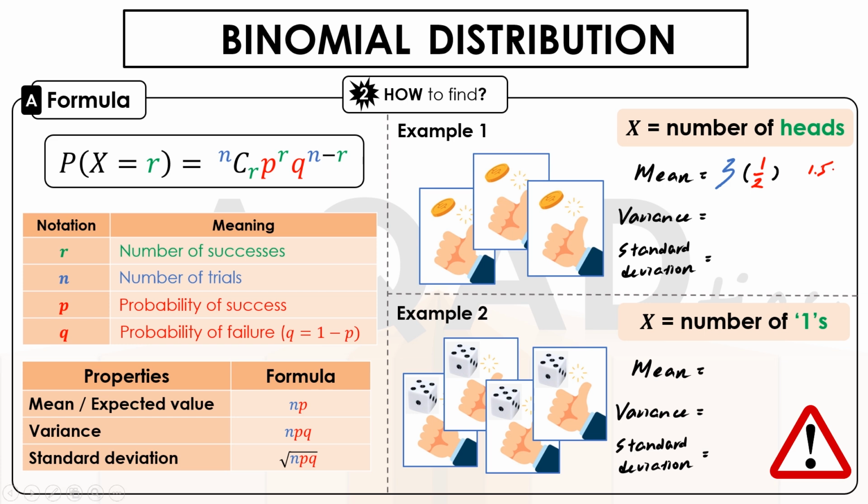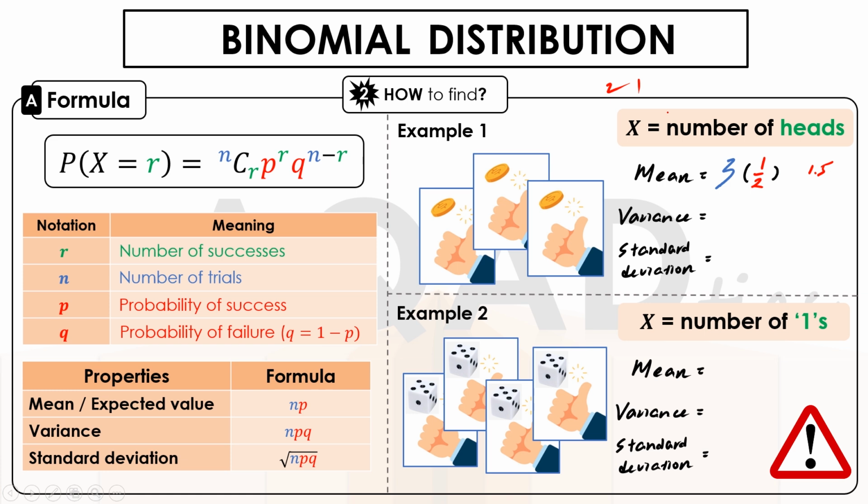So a lot of students will question, what does this mean? What does 1.5 mean? Right. So let me explain. Let's say the first time when we do this experiment, we toss 3 times, and the answer we get is, let's say, 2. And then we repeat this experiment again, toss 3 times, and the result we get is, let's say, 1.